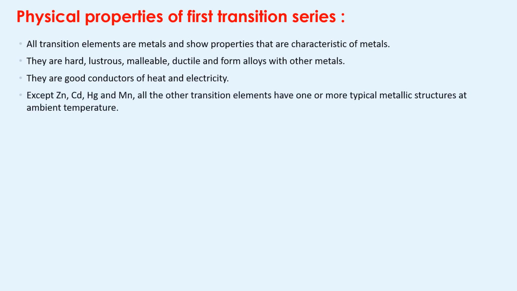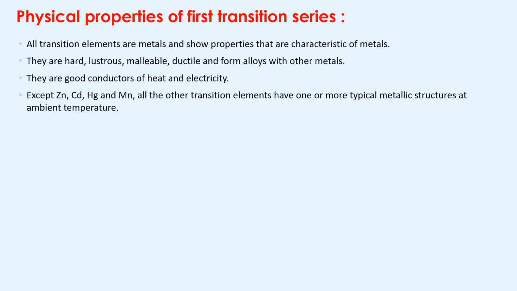Except zinc, cadmium, mercury and manganese, all the other transition elements have one or more typical metallic structures at ambient temperature.